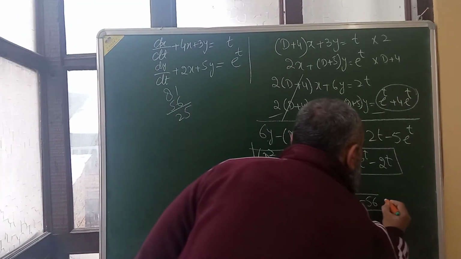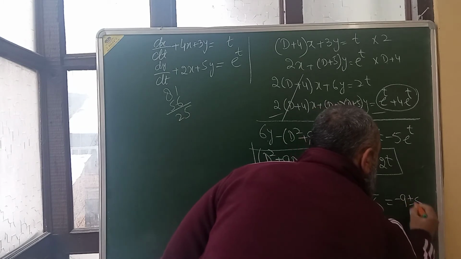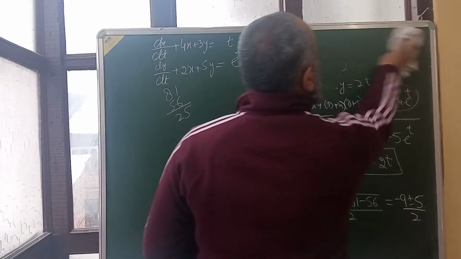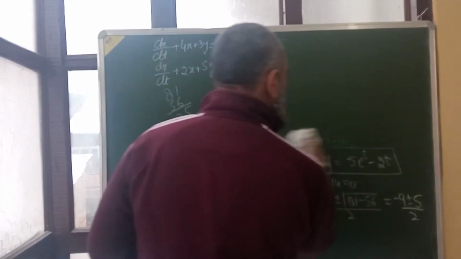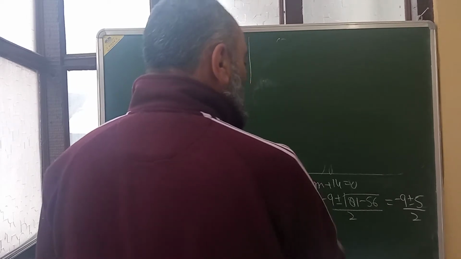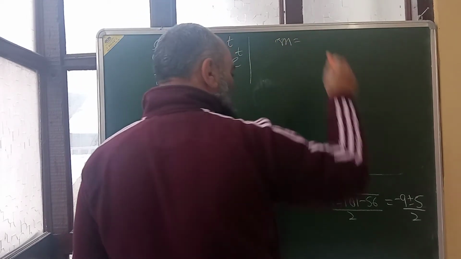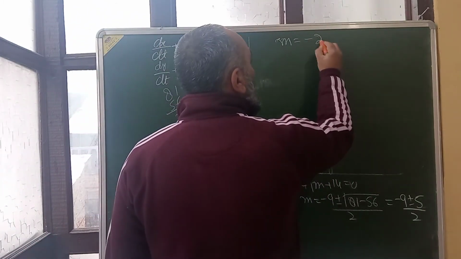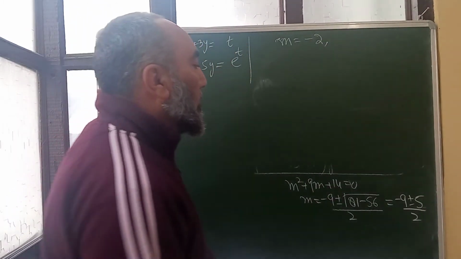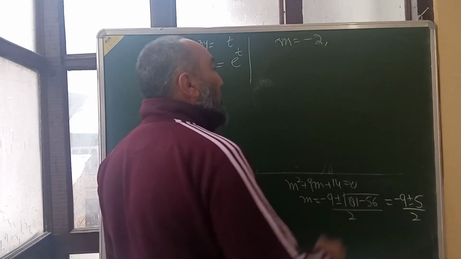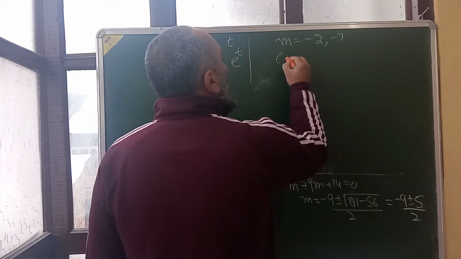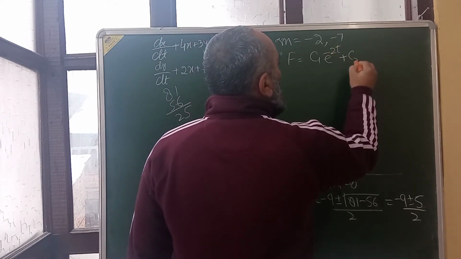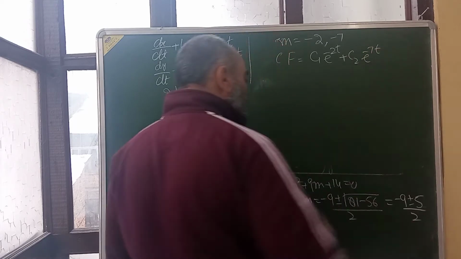So it is minus 9 plus minus 5 by 2. So my m's are minus 9 plus 5, it is minus 4 by 2, which is minus 2. Minus 9 minus 5, minus 14 by 2, it is minus 7. So complementary function is c1 e raised power minus 2t plus c2 e raised power minus 7t. Fine.